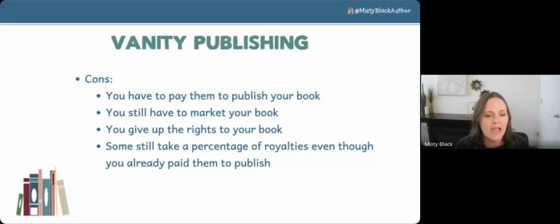If you find a hybrid publisher that is just helping you with the steps or with certain parts of the book, but you're ultimately publishing the book yourself and you still own the rights, then that is different. You're paying for their services and their help, not necessarily for them to publish your book. Did that answer your question?